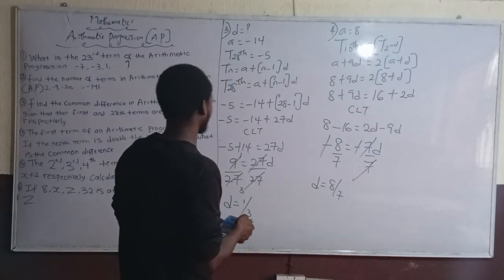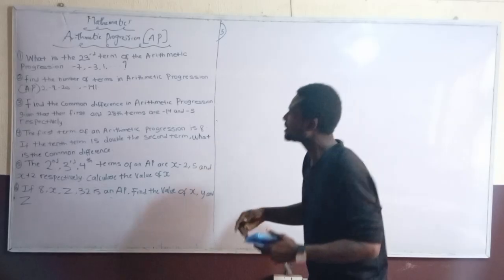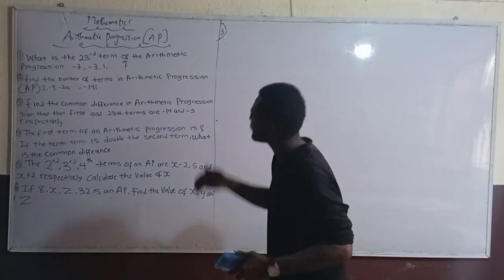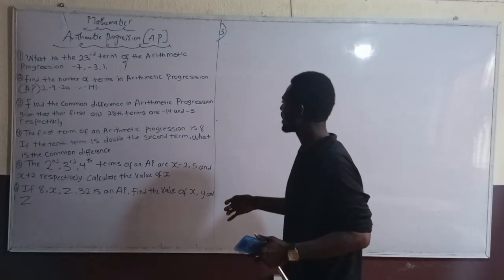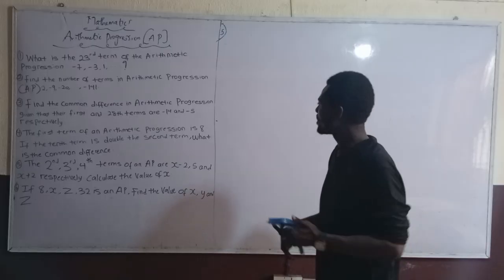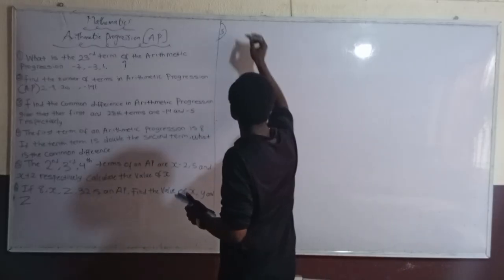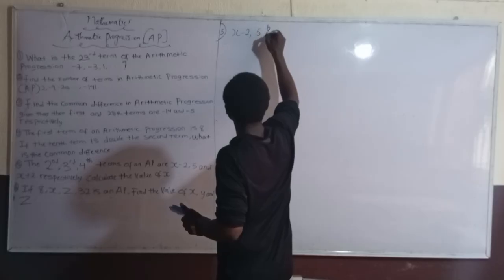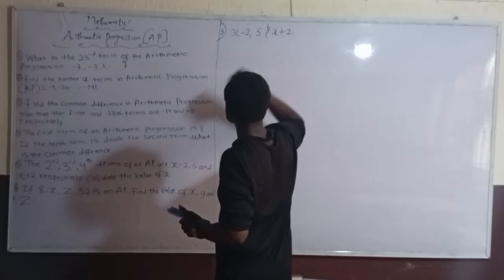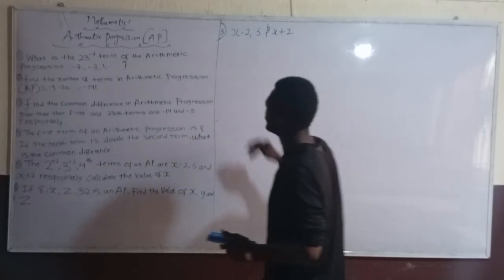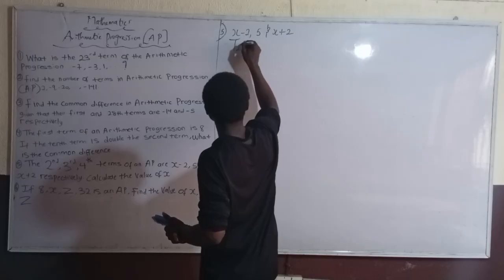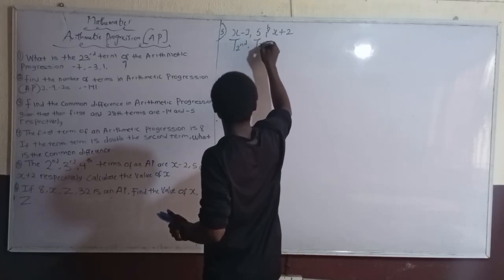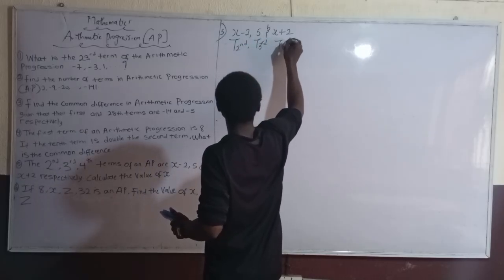That is 3 and 4. So we are moving to number 5 and number 6. The second, third, and fourth terms of an AP are x minus 2, 5 and x plus 2. This is T second, T third, and T fourth.